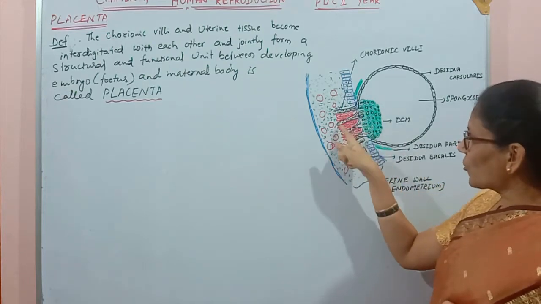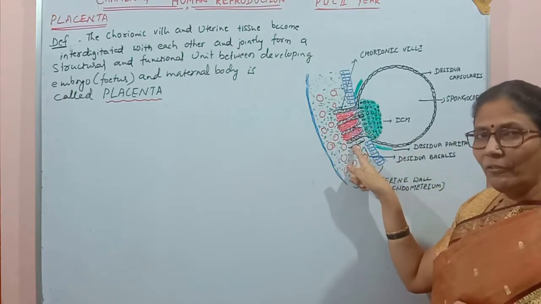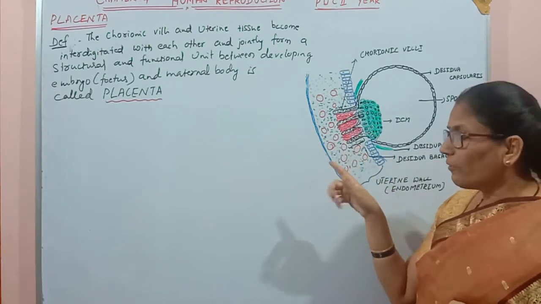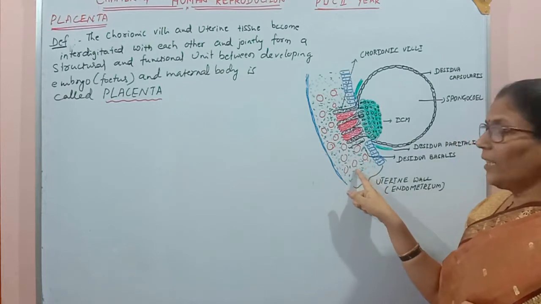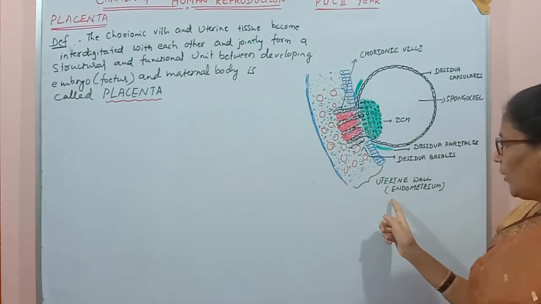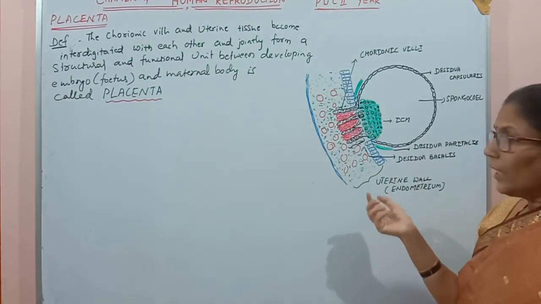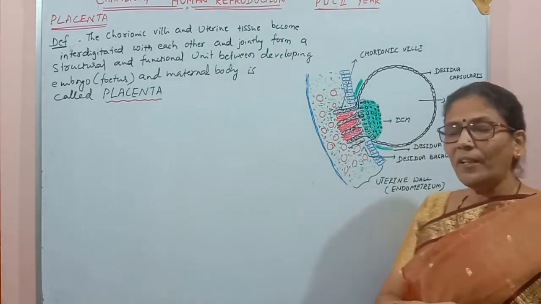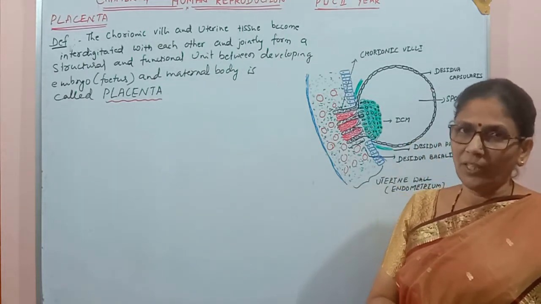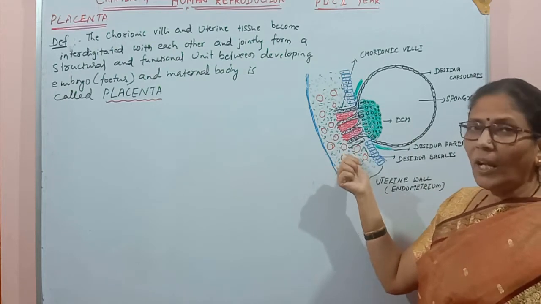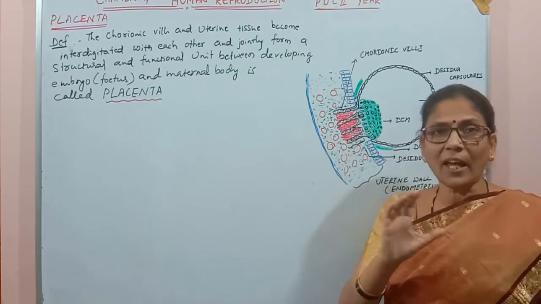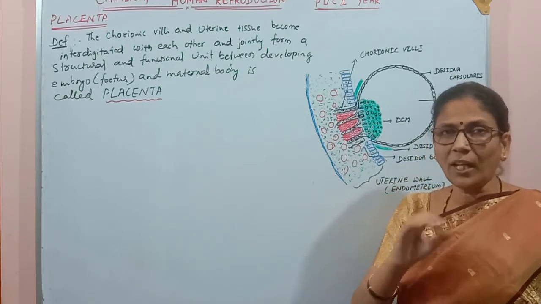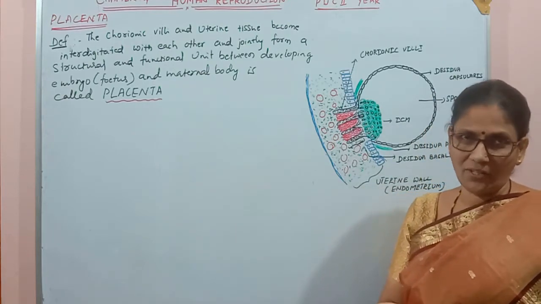These finger-like structures are called the chorionic villi, and these chorionic villi are penetrating deep inside the uterine wall that we call the endometrium layer. So these chorionic villi interdigitate with the uterine tissue and blood, and these two together form an organic connection, and that organic connection we call a placenta.